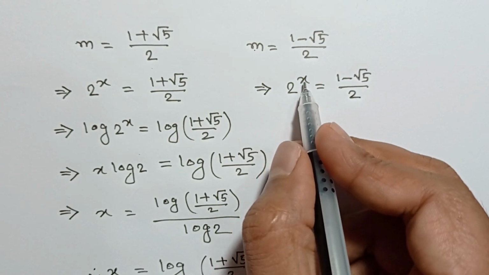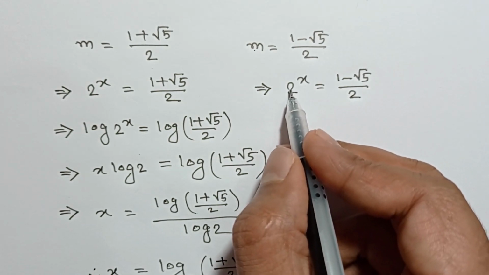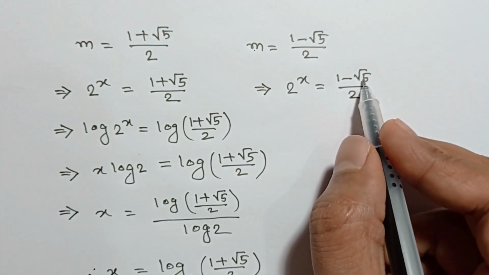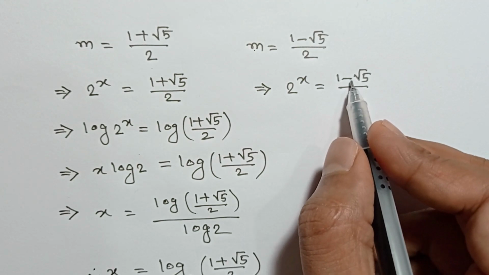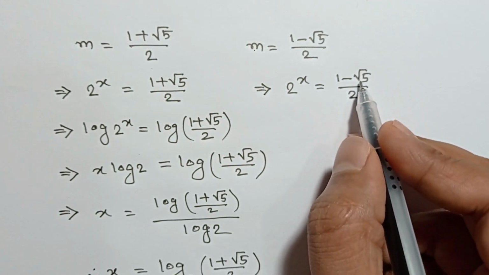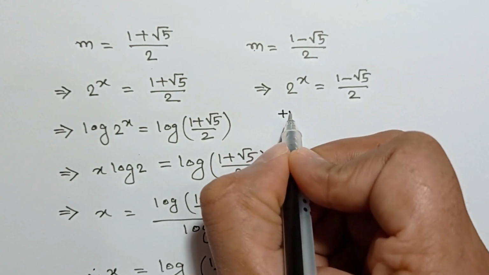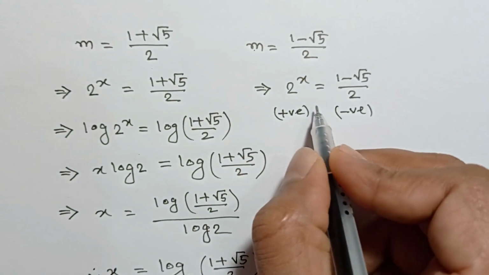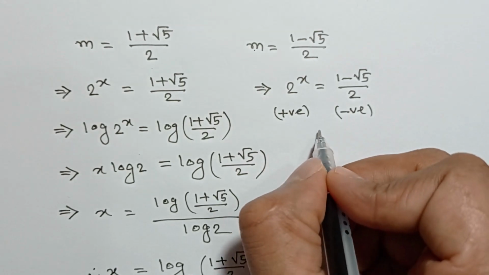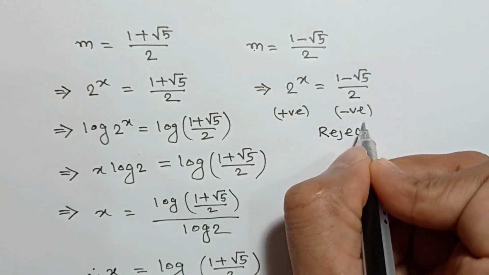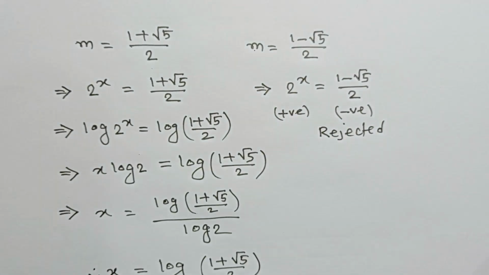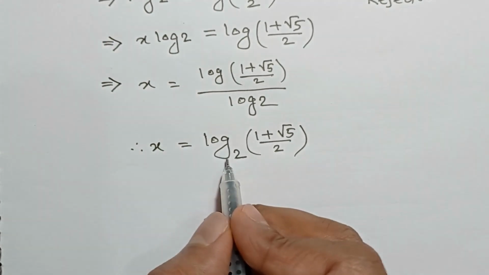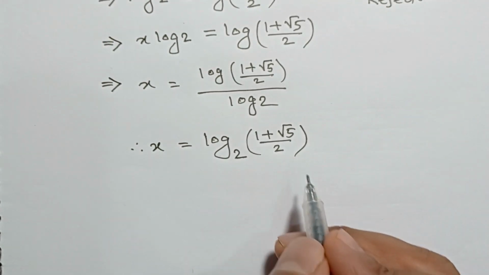Here the power of 2 is always positive, but 1 minus square root of 5 is negative, so 1 minus square root of 5 over 2 is always negative. So the left side will always be positive and the right side will always be negative, so there is no real solution from here, and it will be rejected. So the only real solution is x is equal to log 2 base 1 plus square root of 5 over 2.